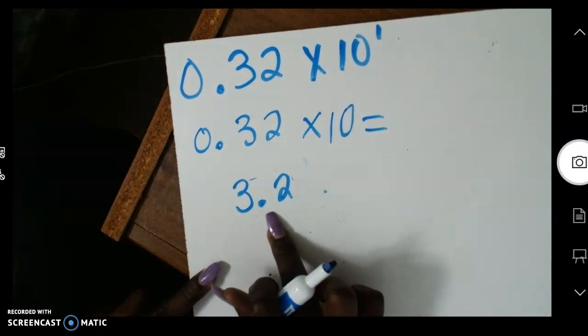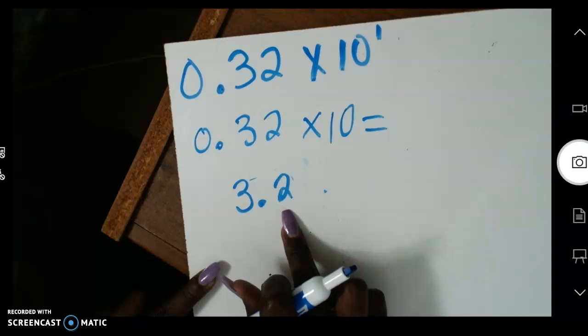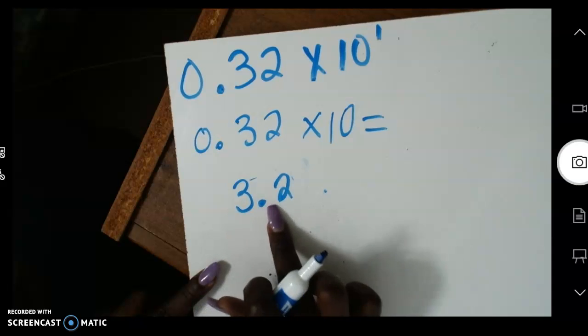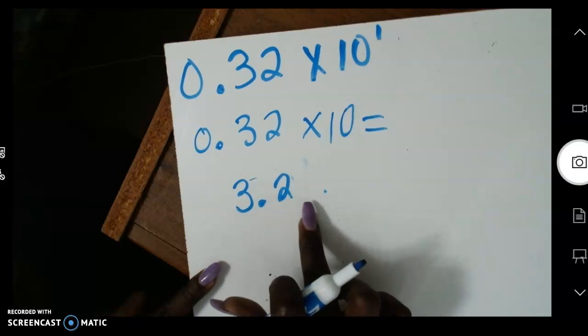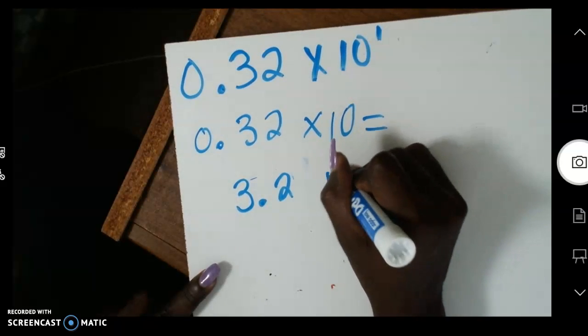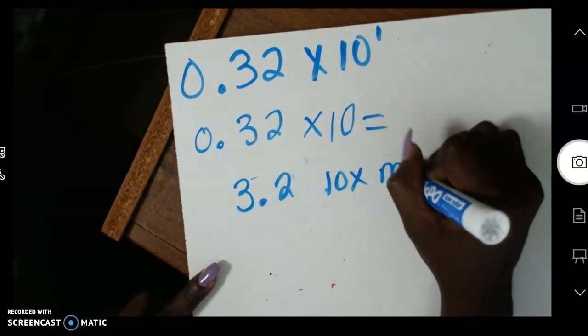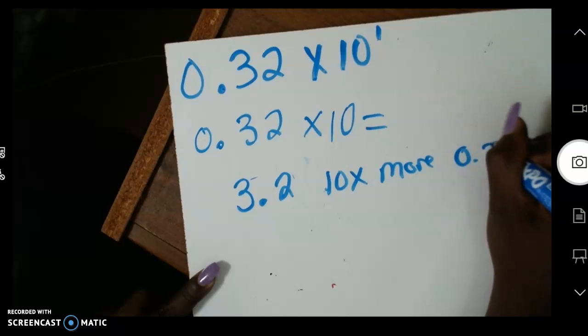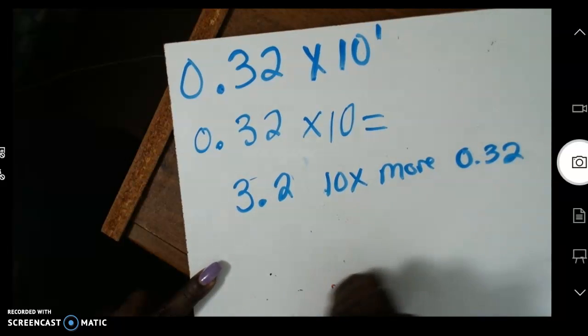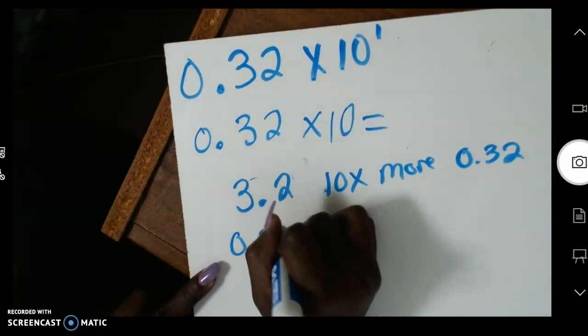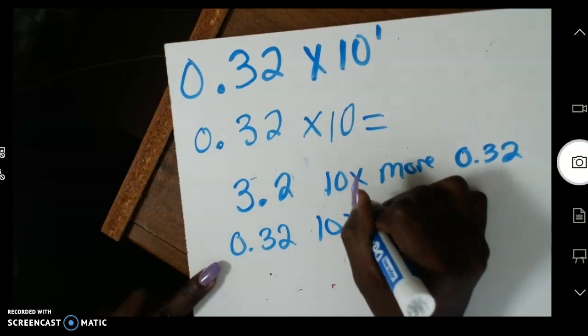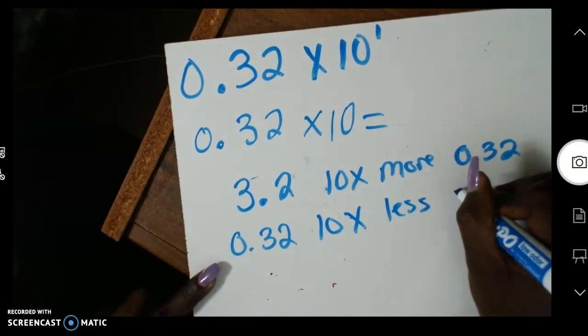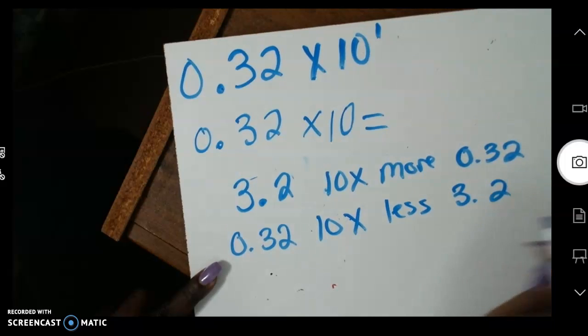Which means our digit now will be 3.2. This 3.2 is 10 times more than 0.32. Or you can say 0.32 is 10 times less than 3.2.